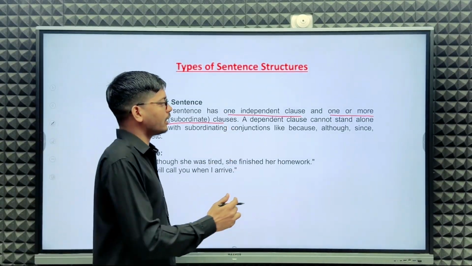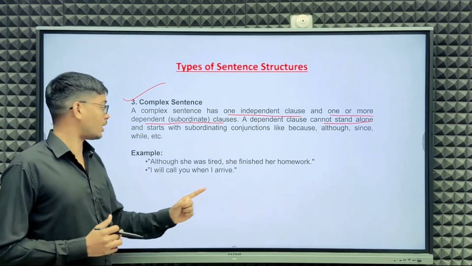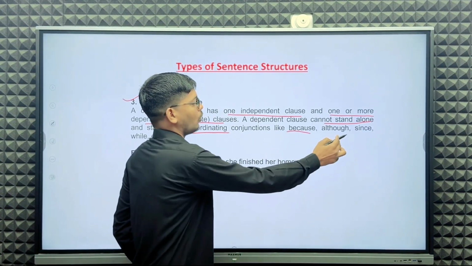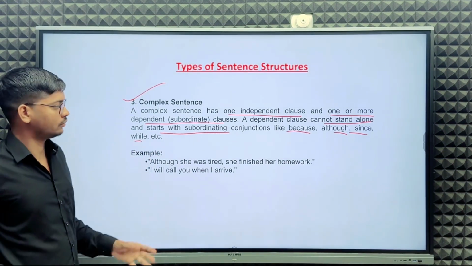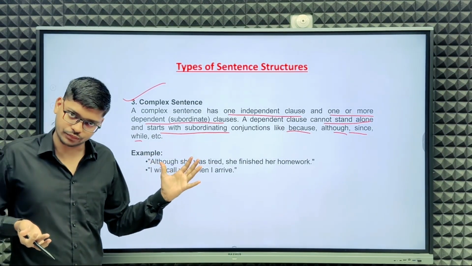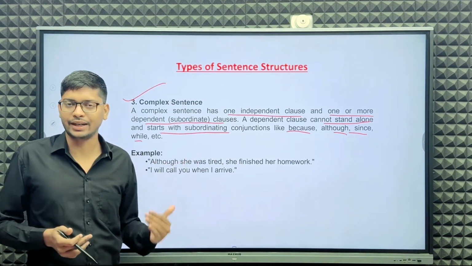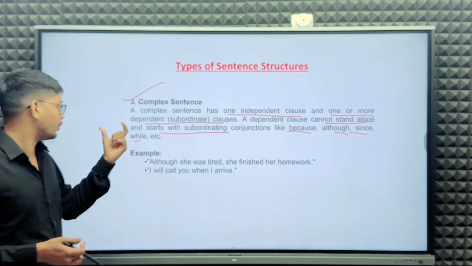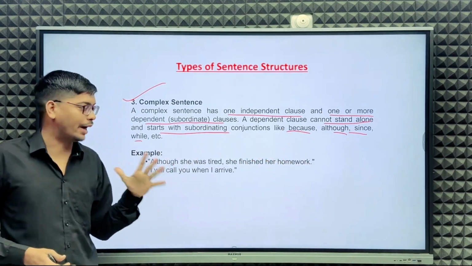A dependent clause cannot stand alone and starts with a subordinating conjunction like because, although, since, while, etc. This is a very simple concept.